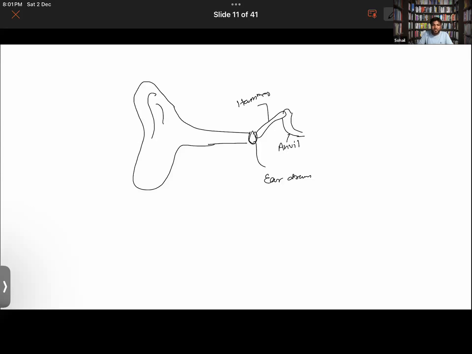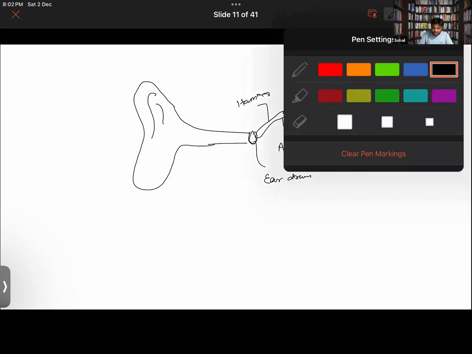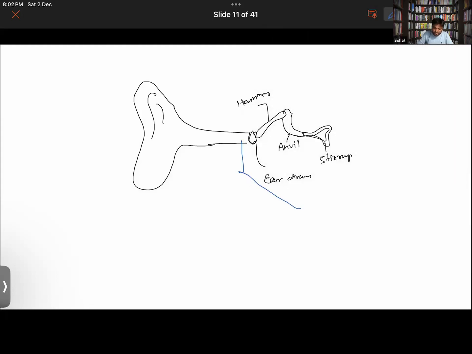And the third bone connected to that is the stirrup. It somewhat looks like this. This whole structure we drew is the middle ear.